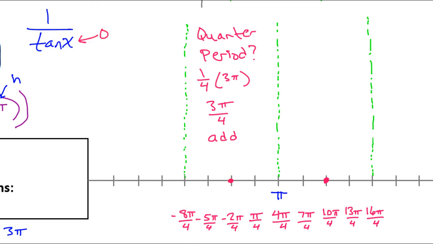I put all these numbers down low because I knew some of them would need to be reduced. So I'm just going to go through and reduce everything that needs to be reduced. Let's see, 7 pi over 4 does not reduce. 10 pi over 4 is 5 pi over 2. 13 pi over 4 can't be reduced. 16 pi over 4 is 4 pi.